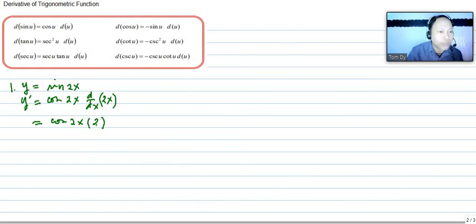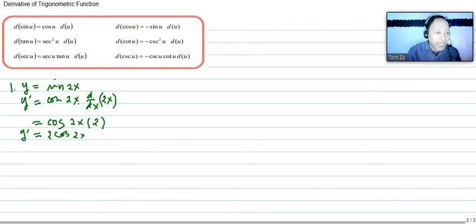Now take note, do not multiply 2 by 2x because 2x here is the angle of your cosine. So rewriting this, we have cosine of 2x. Our final answer is, we will just transfer this 2 before cosine 2x. So we have 2 cosine of 2x. That will be the derivative of your function y equals sine 2x.